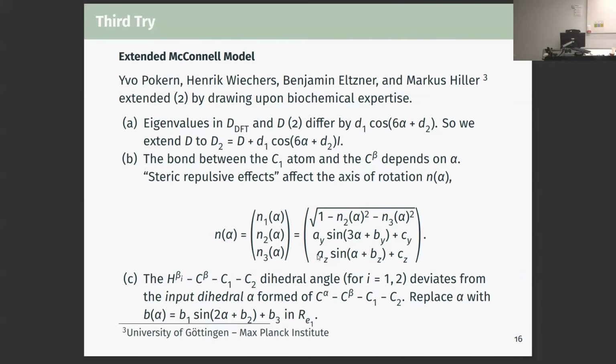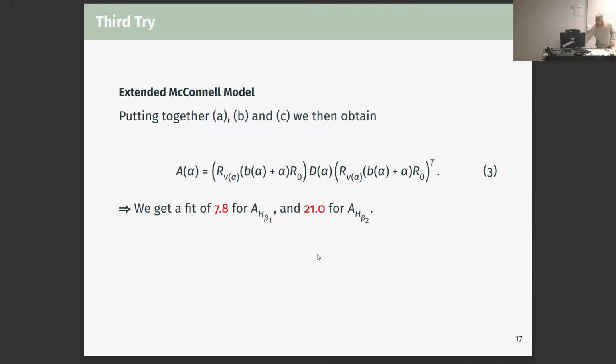And then there's another adjustment to account for the fact that there's a slight wobble in this bond angle. So it means that the dihedral angle needs to be modulated a little bit in the rotation. So that's the third term. This one does very well.